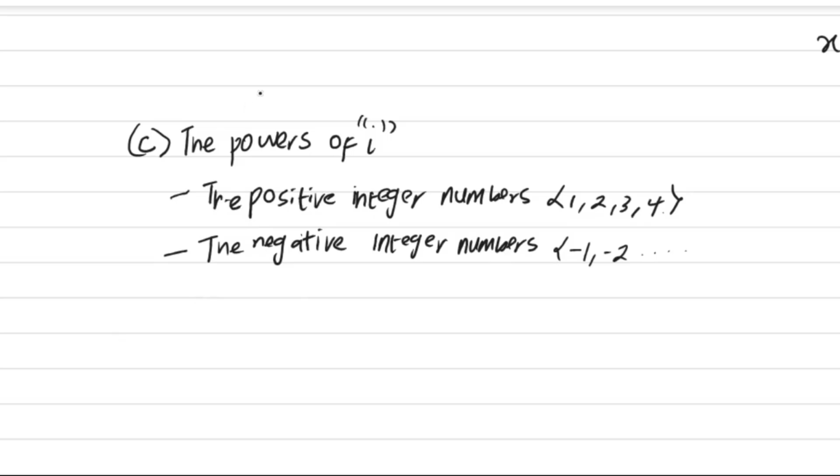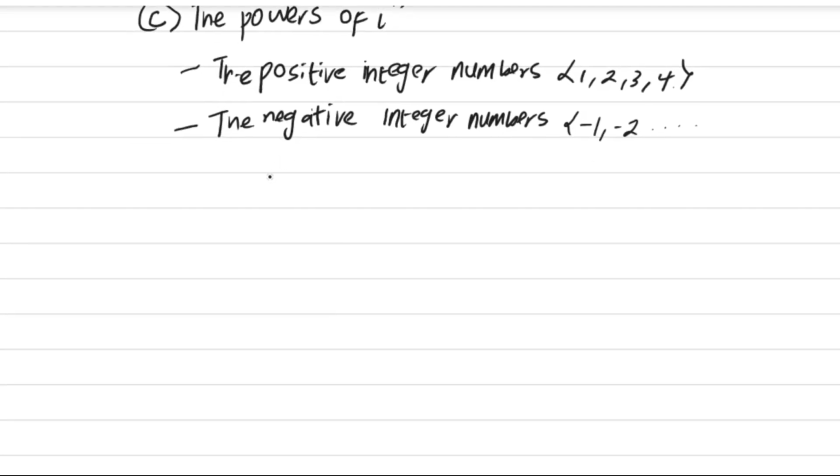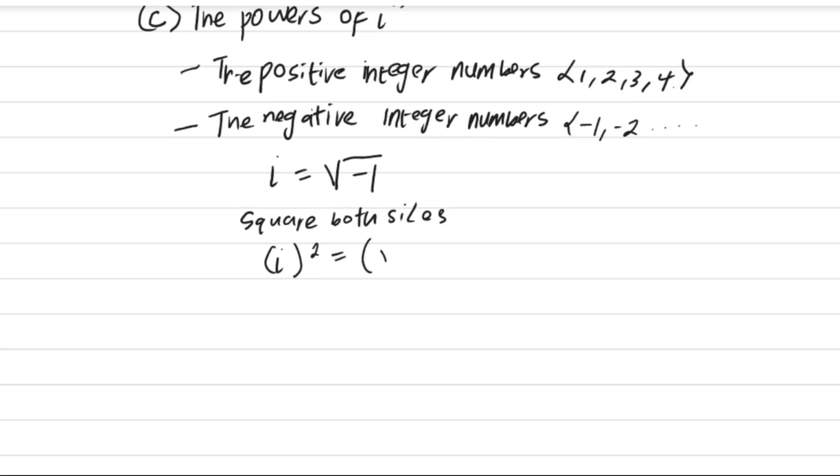Now already we have defined that our i is equal to the square root of -1. Basically, mathematically from here, if we square both sides, it means that i raised to the power of 2 will give us the square root of -1 raised to the power of 2.